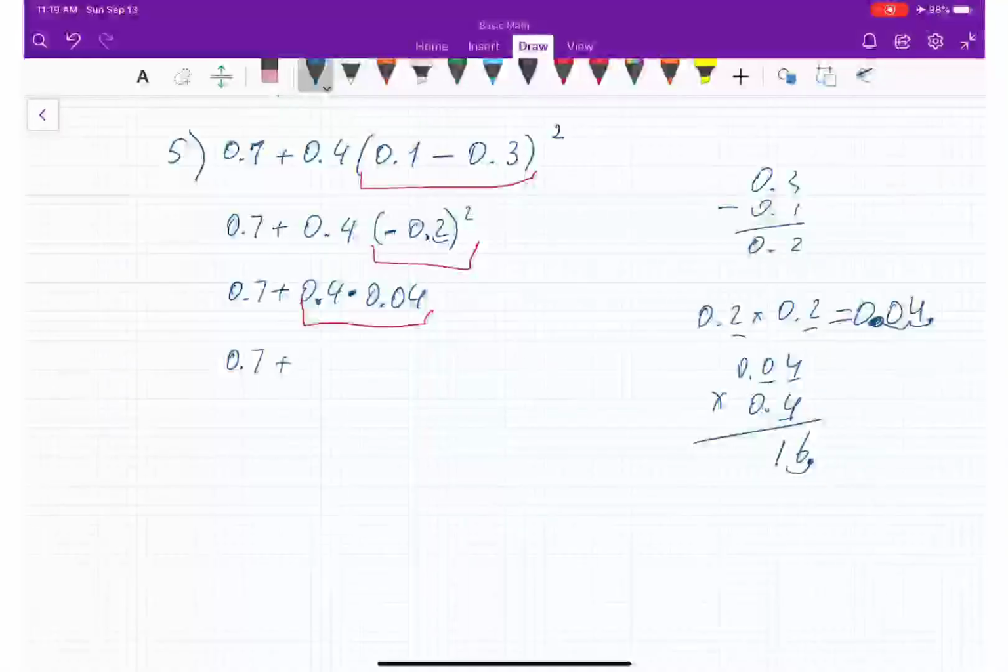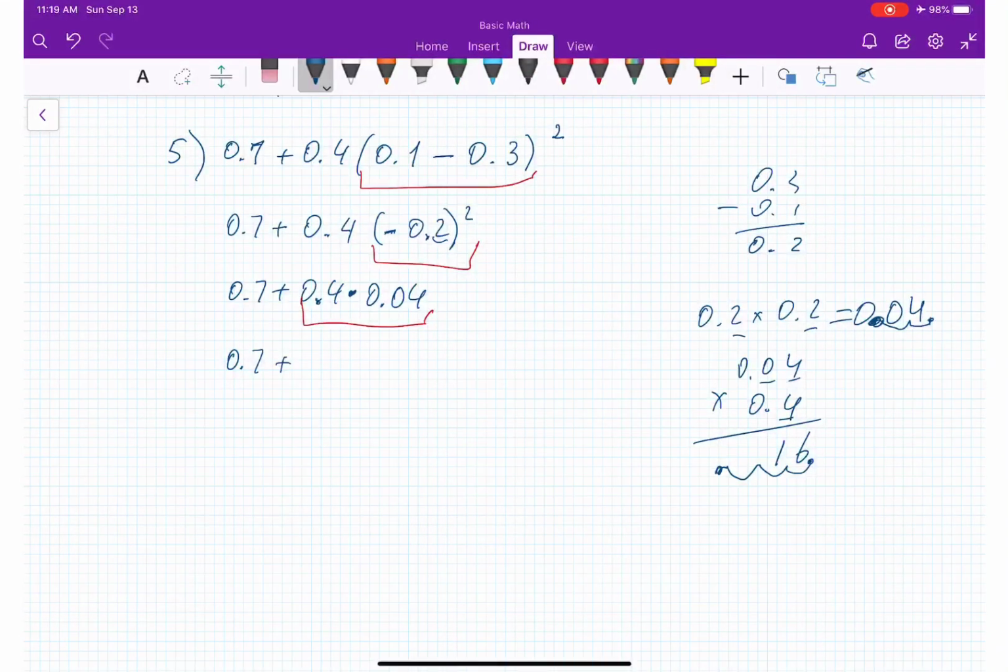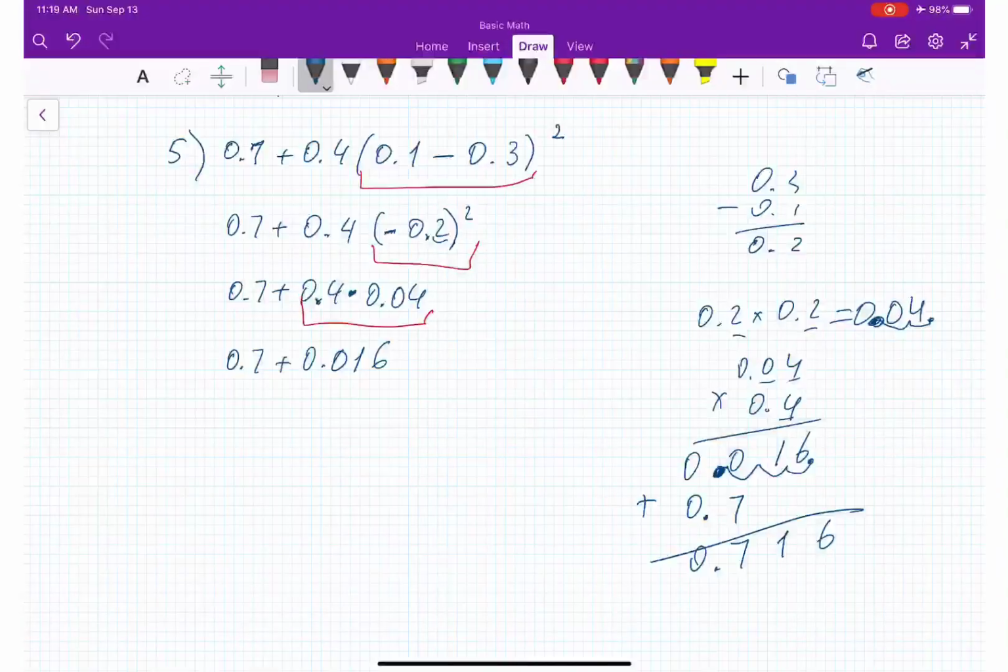Okay, coming back, 1, 2, 3. 0.016. And we need to add 0.7, whole number under whole number, then decimal, 167, 0.716.